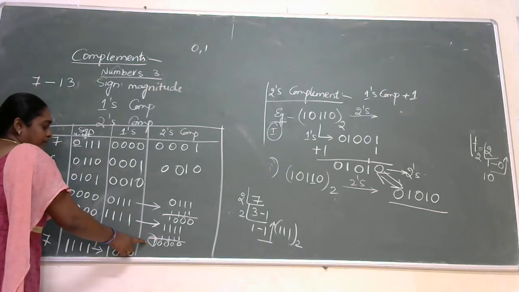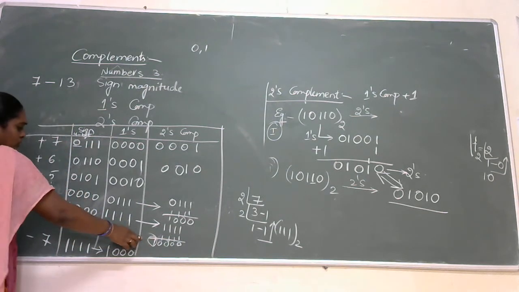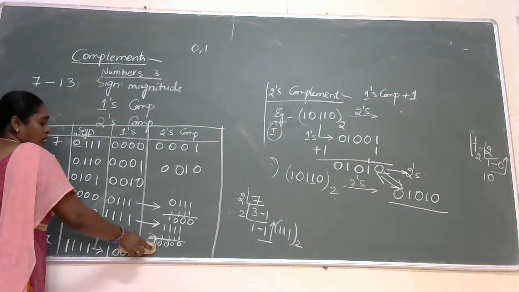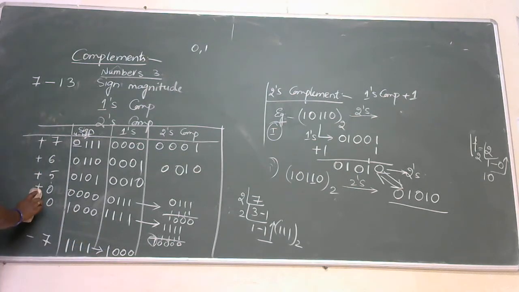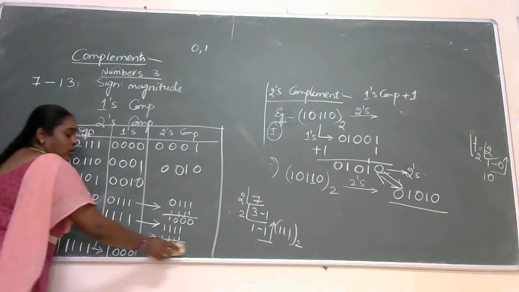If you observe this condition, in case of only the 2's complement, plus 0 and minus 0 do not come out as individual ones. In general, we don't have any plus 0 and minus 0. But if you represent plus 0 and minus 0 in 2's complement, you will get the equivalent of all zeros.